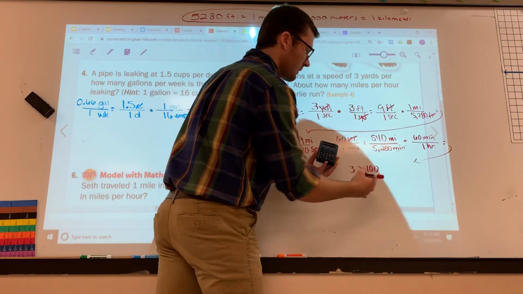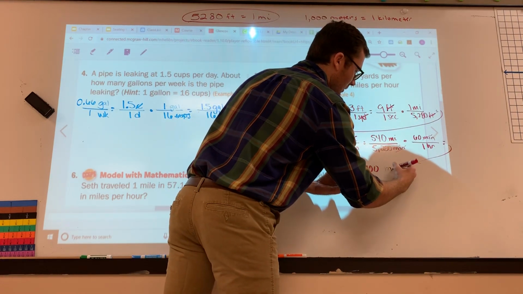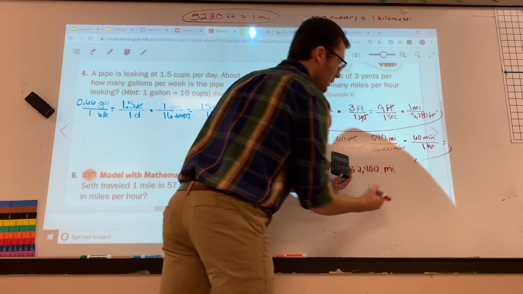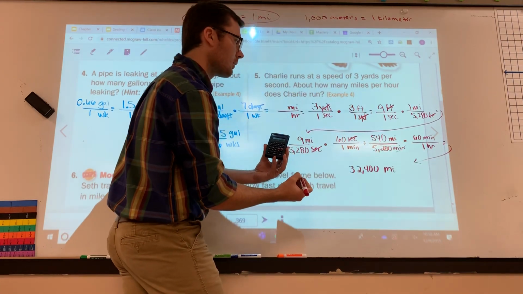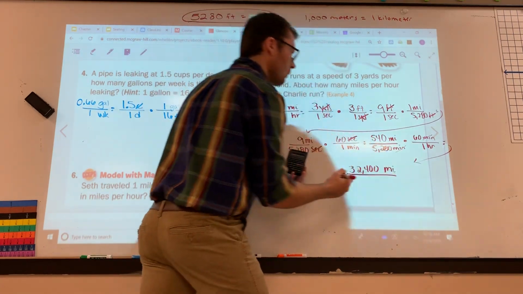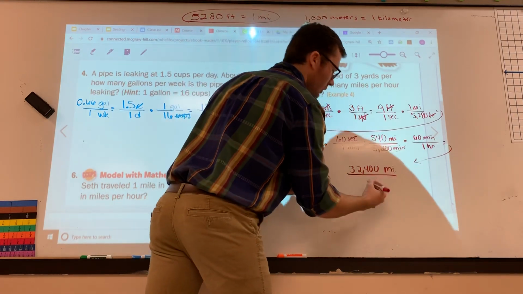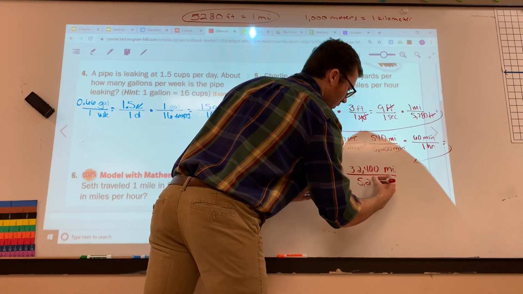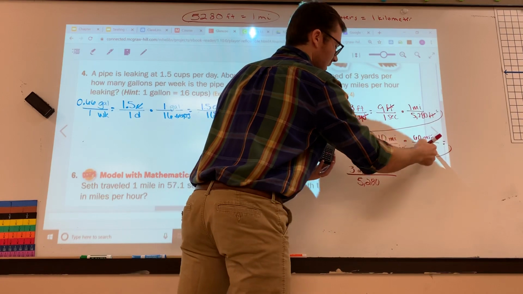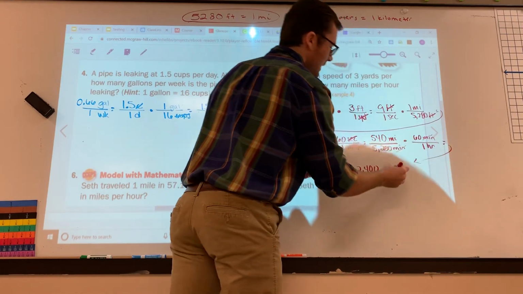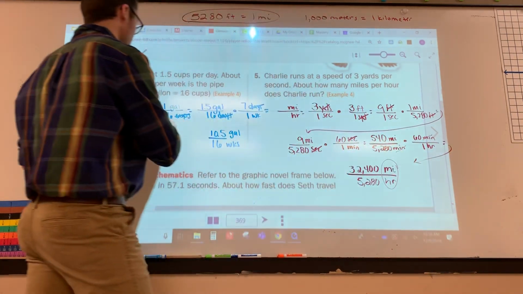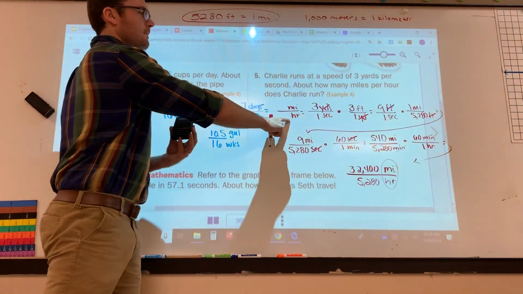So 32,400 miles over, well, 5,280 divided by 1 is just 5,280. The minutes canceled out, so I just have hours left. Yay! I finally got the units that I wanted right here.